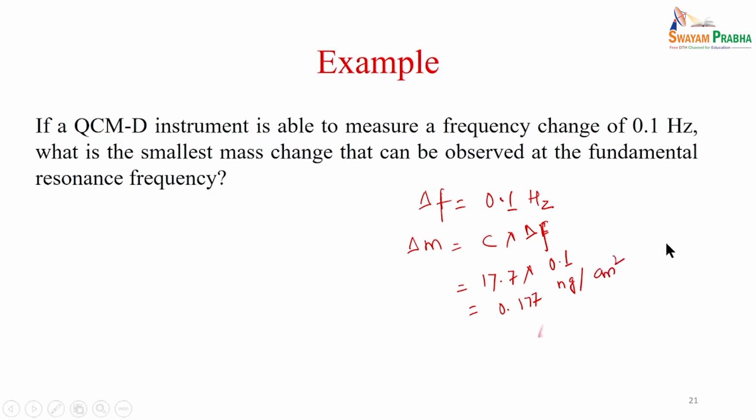So, we can say this is close to 1.77, close to 2 nanogram per centimeter square. This is the typical sensitivity of the quartz crystal microbalance, it measures up to 2 nanogram per centimeter square or even lesser than that.